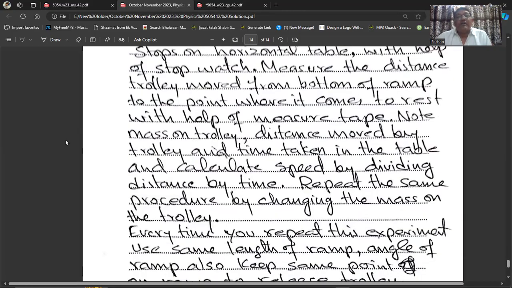Note the mass on the trolley, distance moved by the trolley, and the time taken in the table, and calculate speed by dividing distance by time.